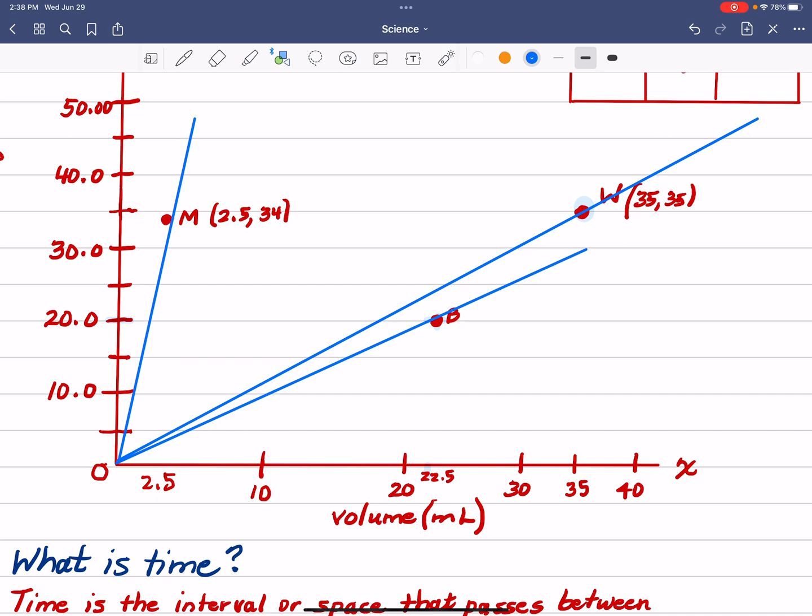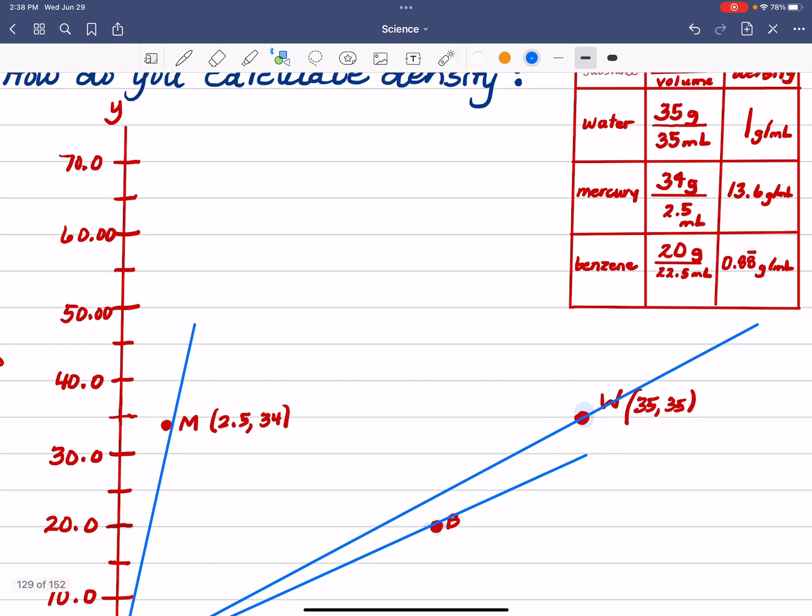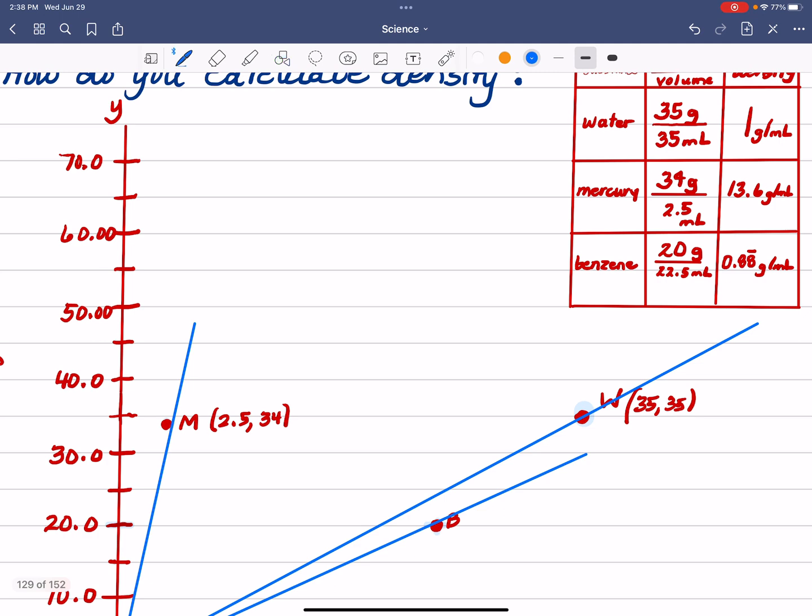So what this graph is showing me, we could give it a title. We have graphed the densities of these substances: mercury, benzene, and water. And I want to show you where I got this idea.